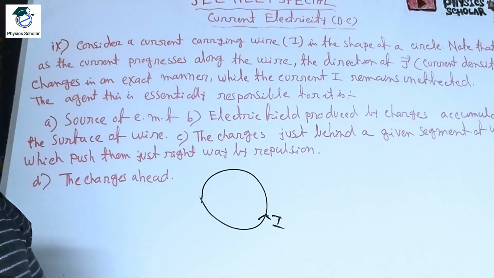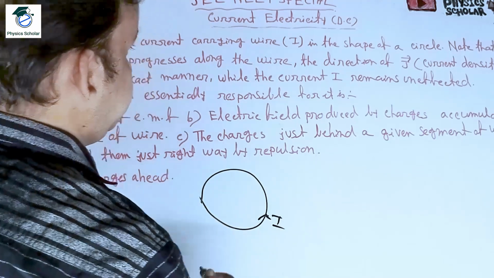Okay, so what is that? The J means what? Current density.